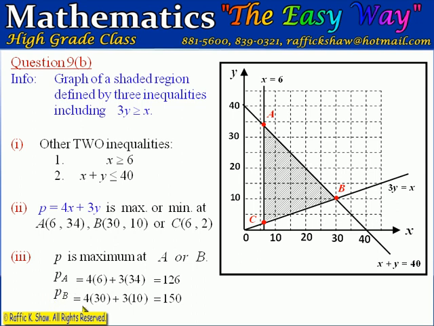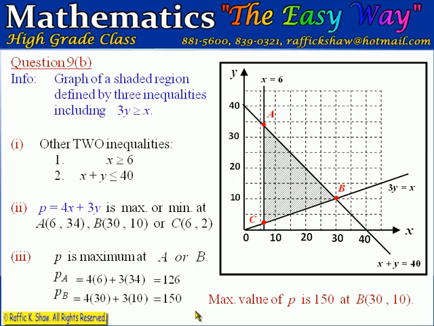So therefore, B is the point where we would have our maximum value of P, and that maximum value is 150. So we can go ahead and write that solution.